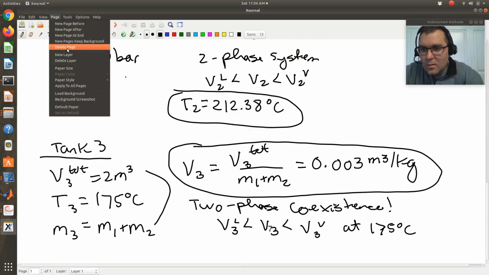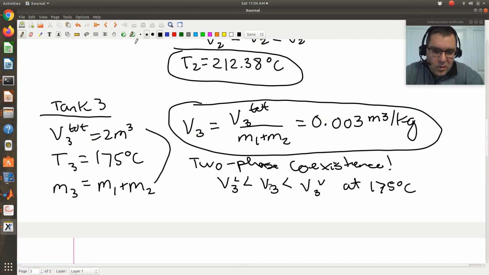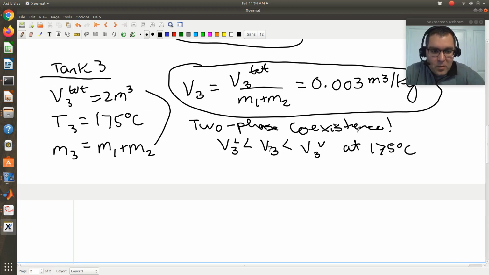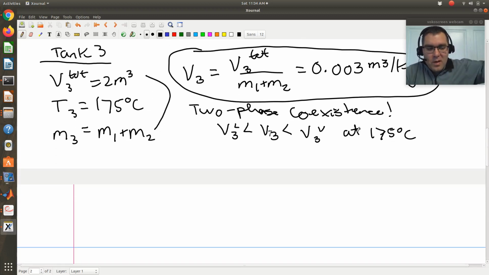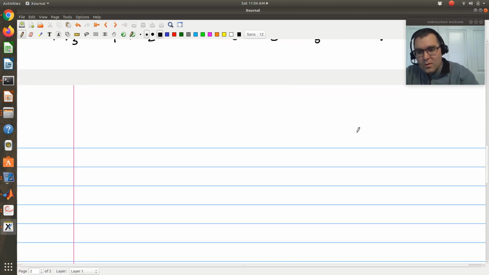Let me add a new page after. It looks like we're going to have more liquid than vapor since we're closer to that liquid density, but we'd still fall between the liquid and vapor, which puts us in two-phase. That vapor would expand to fill my tank. So let's write down what we have.